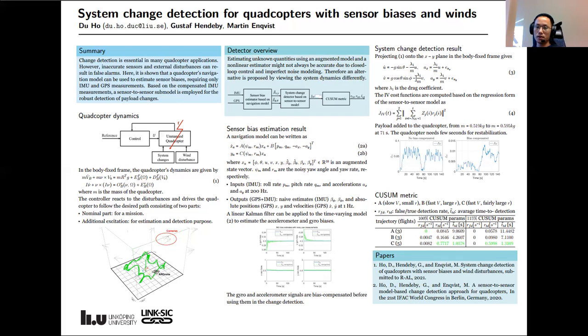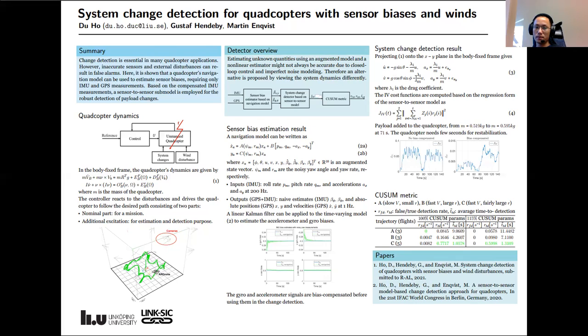To do it, we propose the detection rate, and we consider the average time to detection. For this, we design three different flight tests. In the first flight test, A, we have small excitation through small v, and a small r as the yaw rate.